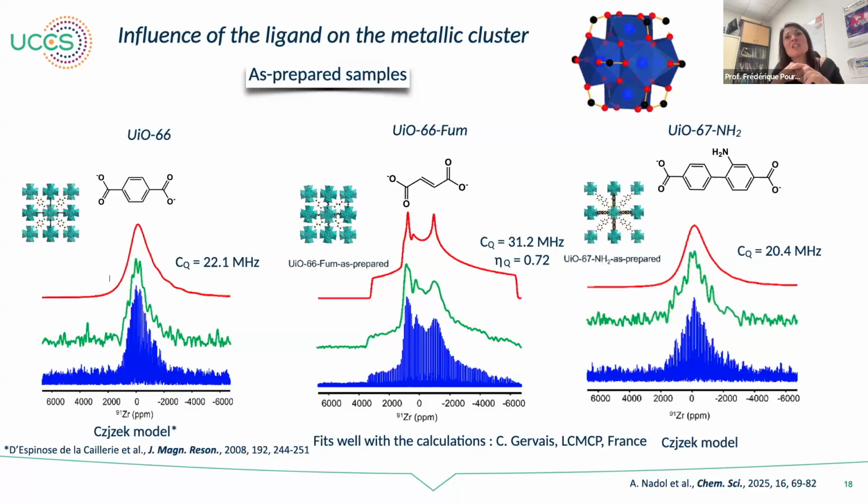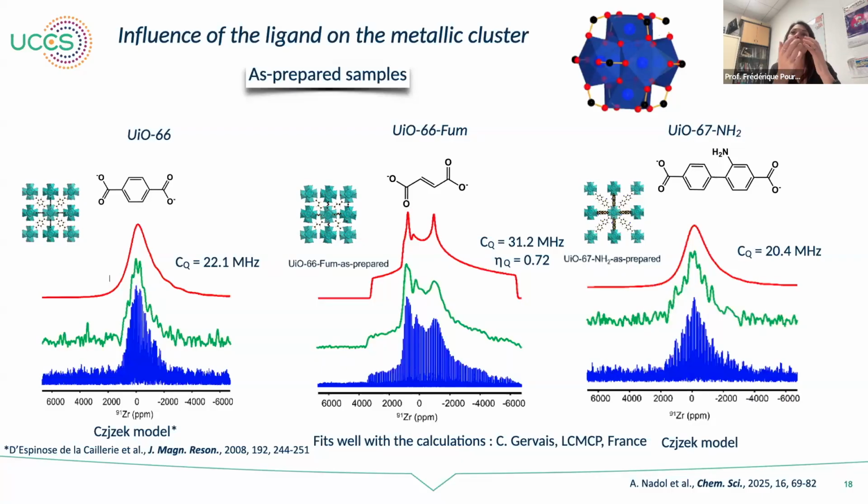We also changed the linker again to have the UiO-67-NH2. You can see that we doubled the benzene ring, so we increased the size of the linker, but the metallic cluster should be the same.